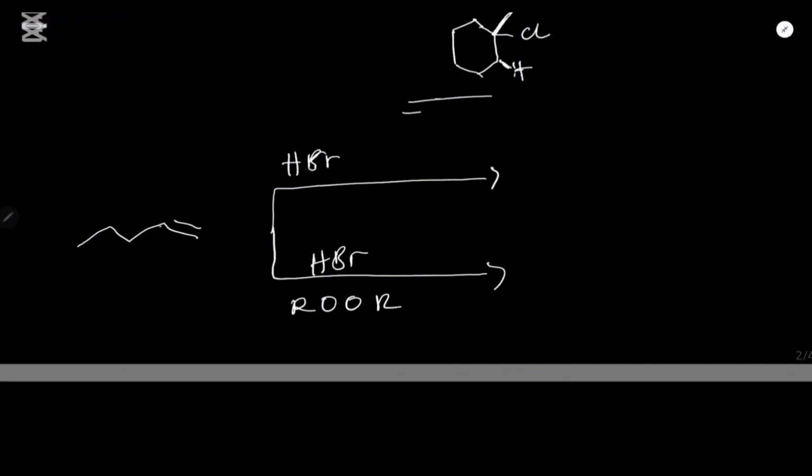What will be our answer for the first one? The first one will follow Markovnikov's addition. So this hydrogen will be added where there are more hydrogens. Here there are more hydrogens compared to there, so our hydrogen will come here. And the bromine will go where there are fewer hydrogens. Here is our bromine. That's our answer for the first one.